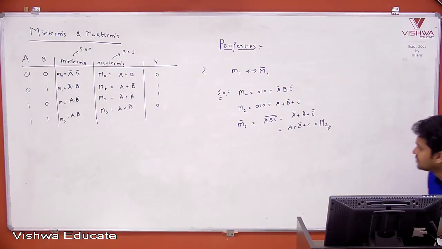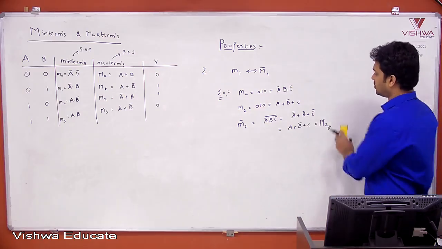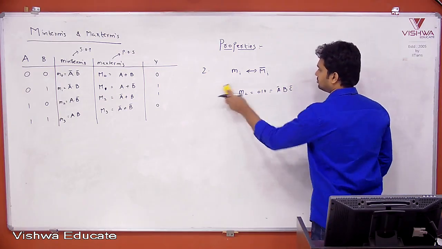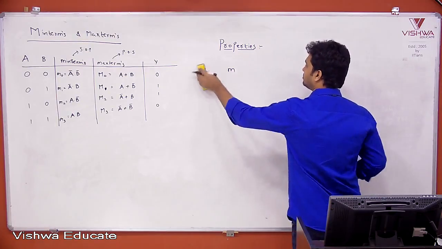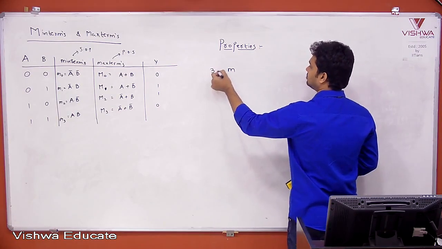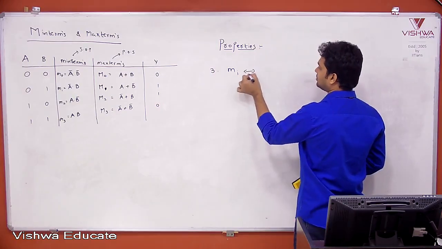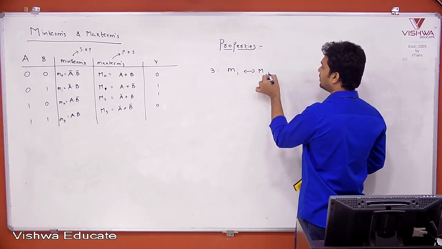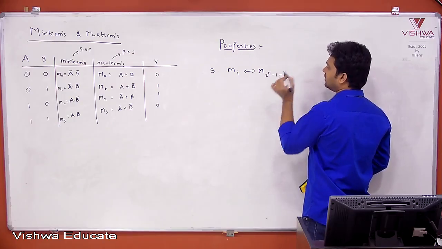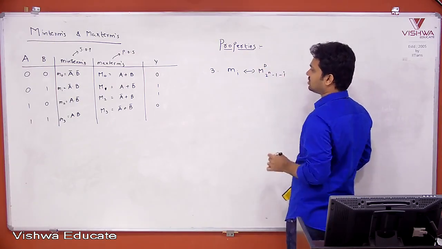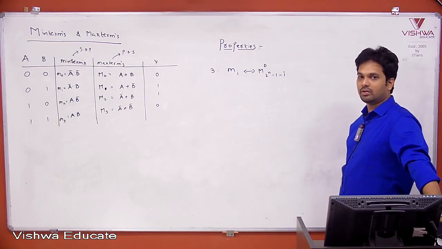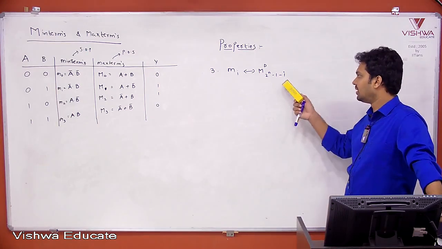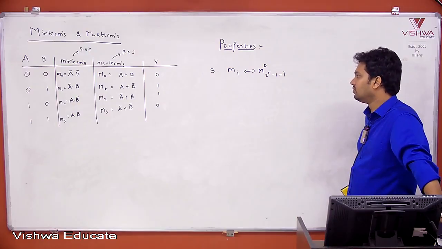Right. Next, third point. Minterm i and maxterm 2 power n minus 1 minus i are dual to each other.